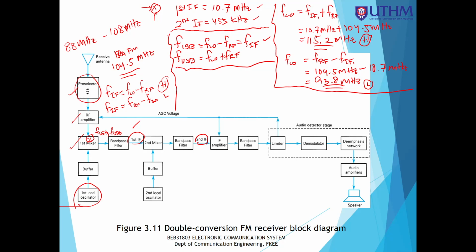For the FUSB, the upper sideband, for example, if I use a high side injection, I produce the upper side frequency, which is FLO plus FRF. The local oscillator I want to show here is from the high side injection.